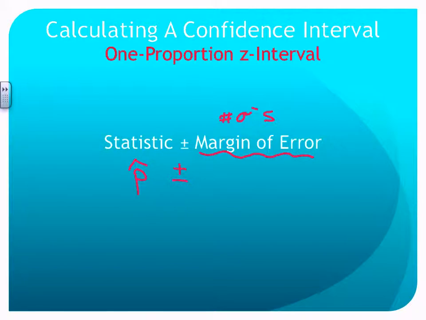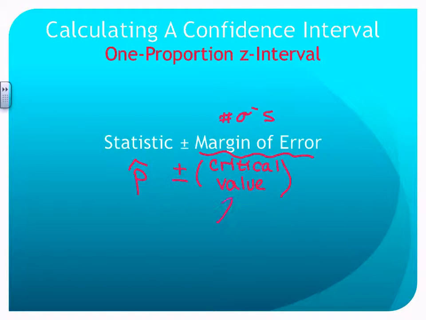Now we'll get more technical about where this margin of error is coming from. The margin of error is found by taking a value which has to do with your confidence interval and multiplying by a standard deviation. That value is going to be called a critical value, okay?